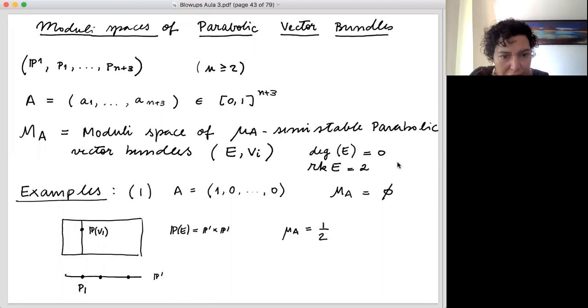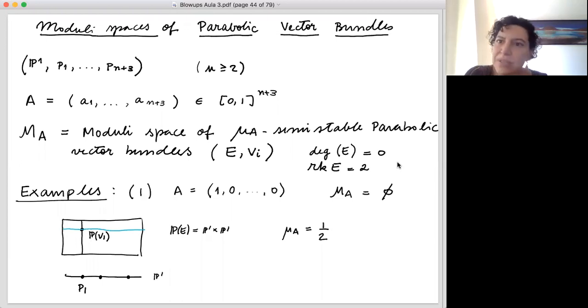This is because in this case, the vector bundle of rank 2 that I can take is the trivial vector bundle, O plus O. Here, I'm giving weight 1 to one of the parabolic points. Given any point in the fiber of the vector bundle, which I mark in the picture, I can always take a trivial section passing through this point.